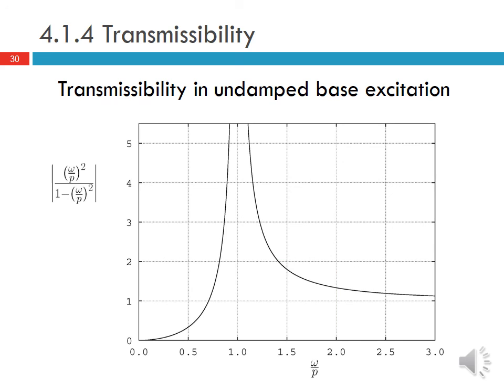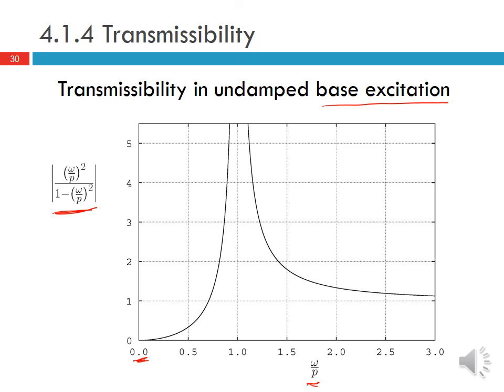If we plot the transmissibility for the undamped base excitation case as a function of omega over p, we get this shape here. As omega over p goes to 0, because of the numerator, the transmissibility goes to 0.